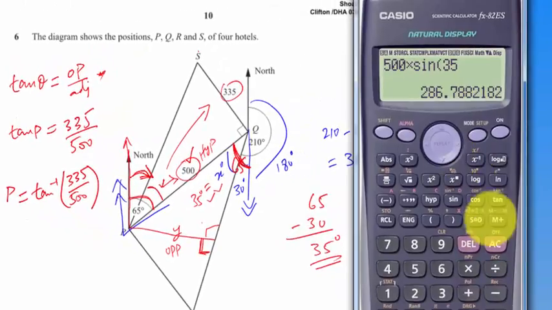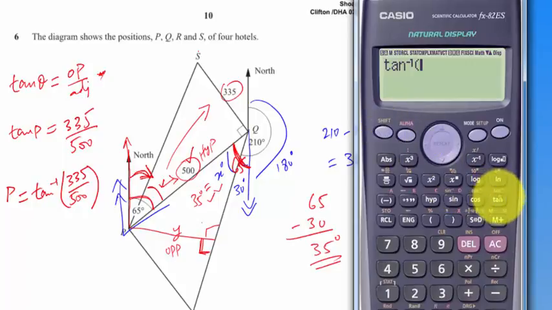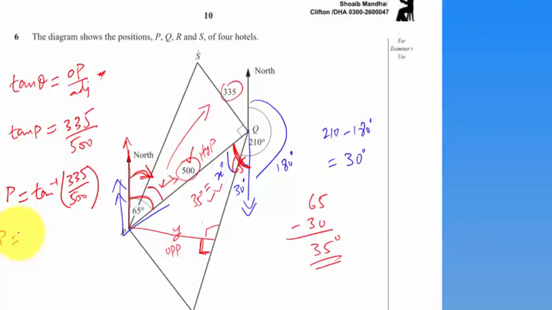Let's find out the angle, which is just tan inverse of 335 divided by 500, and the answer is 33.82. The angle P is 33.82 degrees.